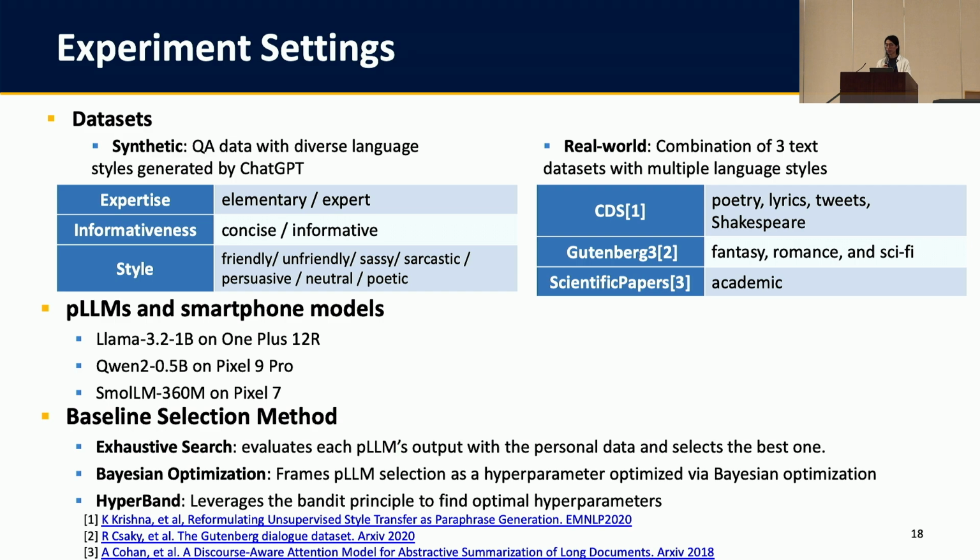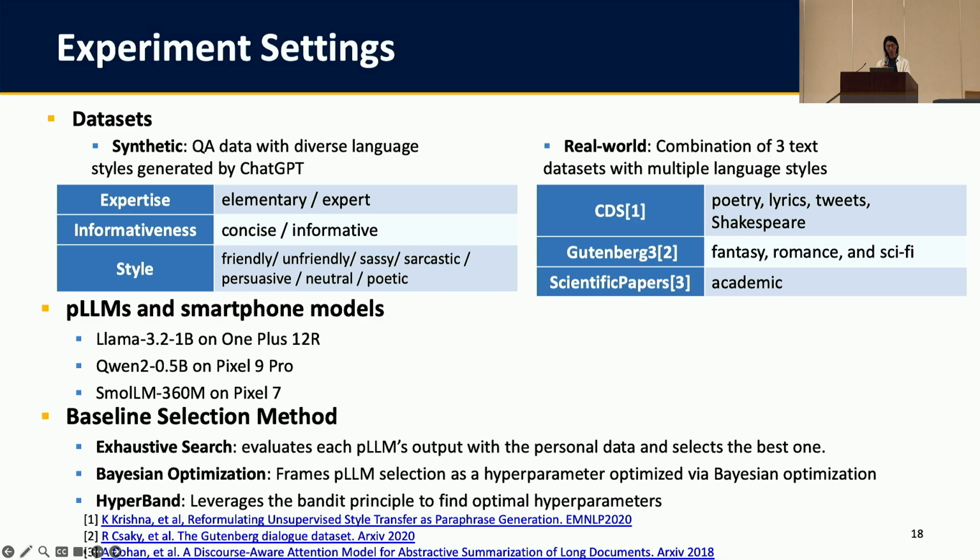And to better simulate the real-world scenario, we also construct a real-world dataset by combining three text corpora with multiple language styles as shown in the right table. And we conduct experiments on three different smartphone models with varying hardware resources and run LLMs of different sizes according to the smartphone's capacity.